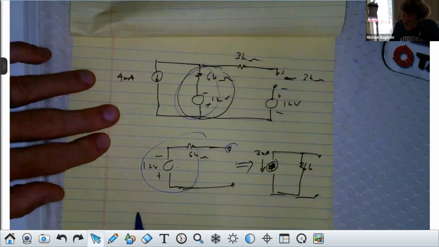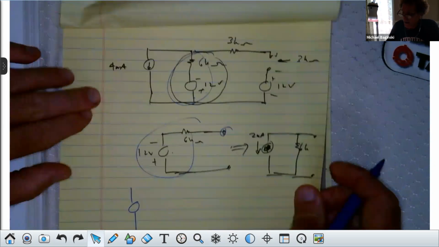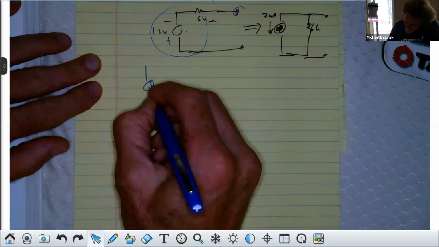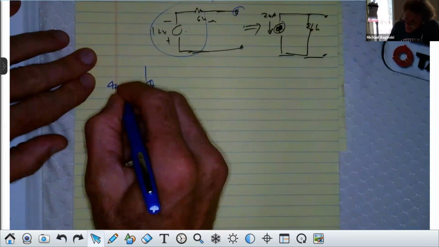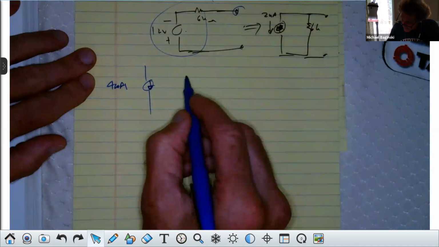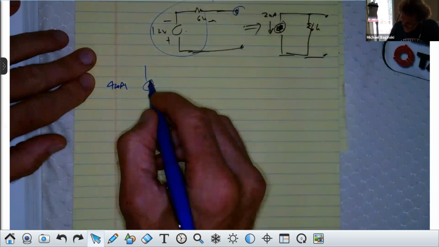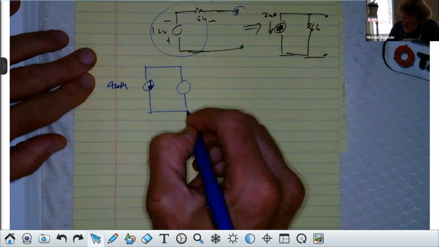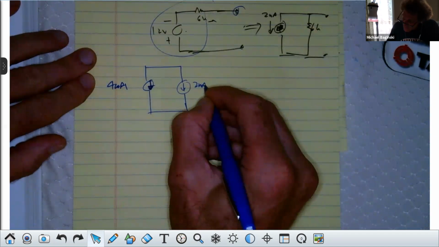So I'll redraw the 4 milliamps. Now I've got 4 milliamps here. All right. Now I'm going to put in the 2 milliamps, right? That's going down. All right.